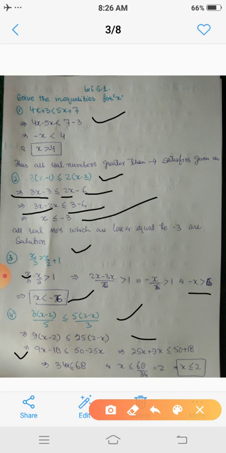By shifting -25x to the LHS, it is 25x + 9x ≤ 50 + 18, which is 34x ≤ 68, or x ≤ 68/34, which is 2. So this means that the set of all real numbers which are less than or equal to 2 satisfies this given inequality.